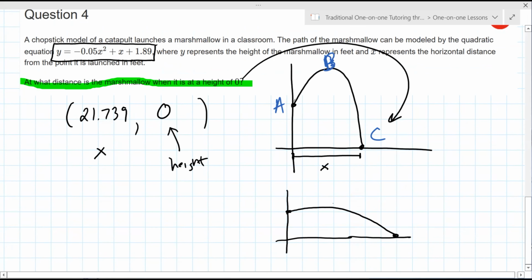So there's always a place where it reaches a max height and then hits the ground. You're not hitting the ground when you're firing a weapon, you're shooting at a target off the ground, but the principle is the same whether you're throwing a marshmallow or firing a gun. They do have a parabolic motion.